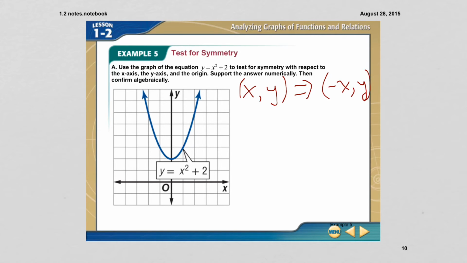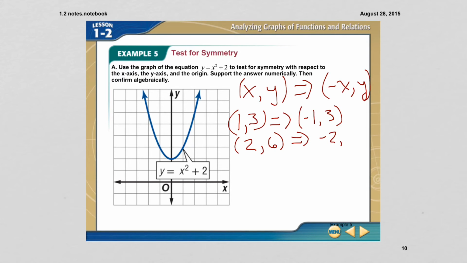And let's look at a couple of ordered pairs. I've got the ordered pair (1, 3). I have the ordered pair that matches with it, (-1, 3). I also have (2, 6), which matches with (-2, 6).